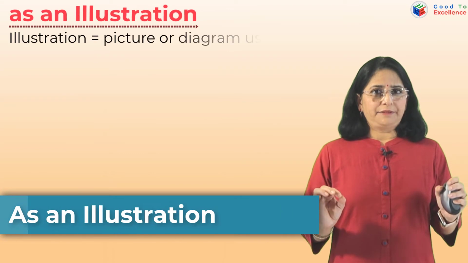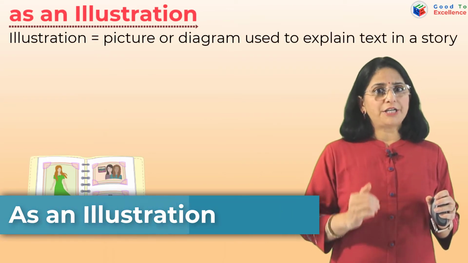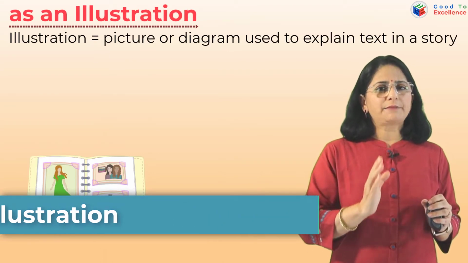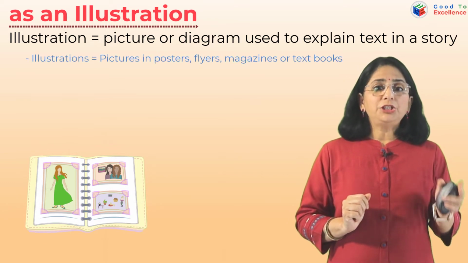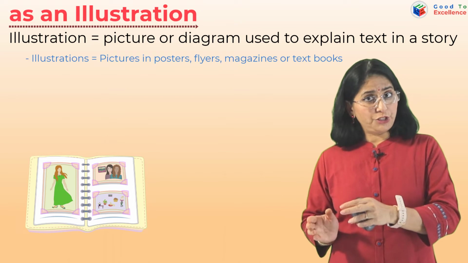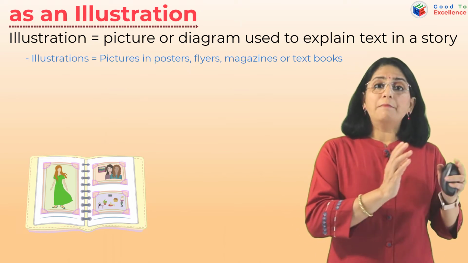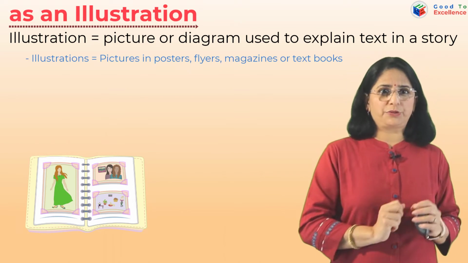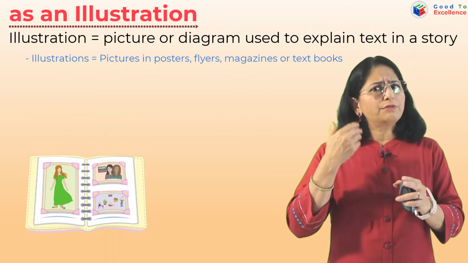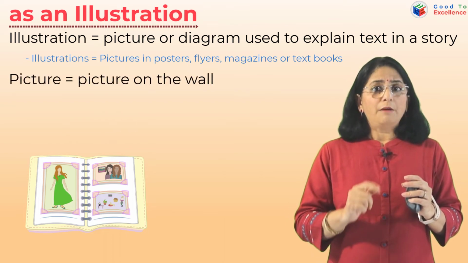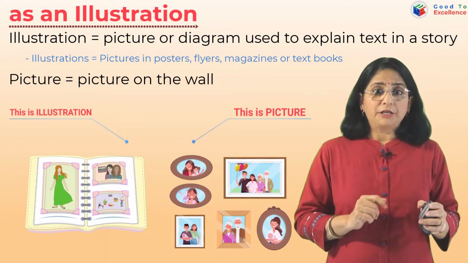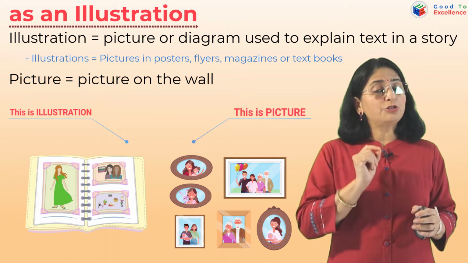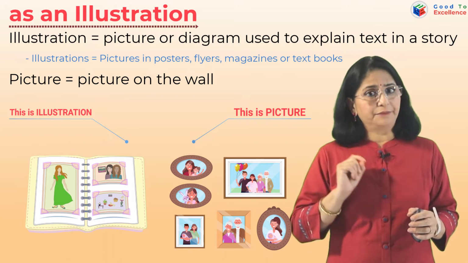An illustration is a picture or a diagram used to explain text in a story or teaching material. Pictures we see in posters, flyers, magazines or textbooks are examples of illustrations. A picture on a wall is a picture, but a picture in a book related to the story is an illustration.